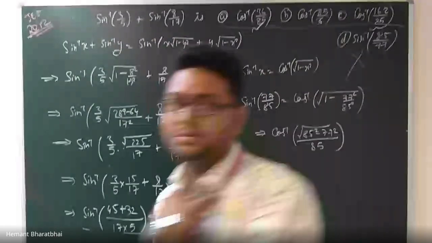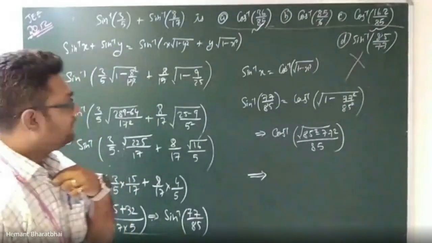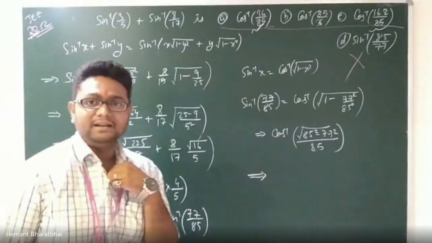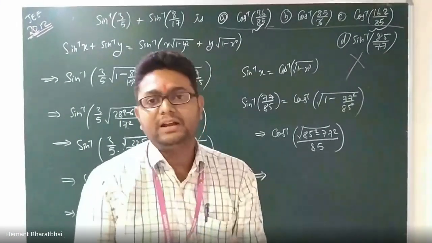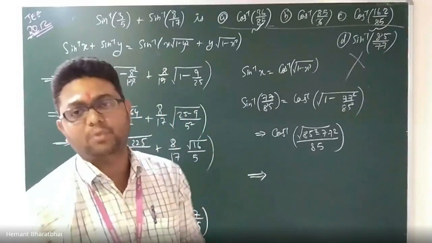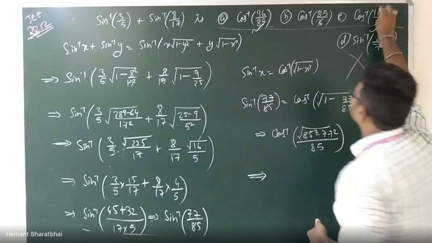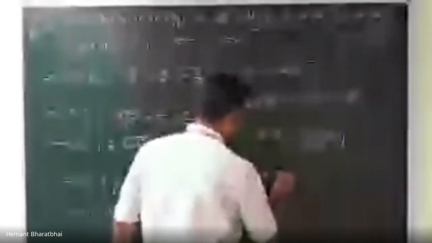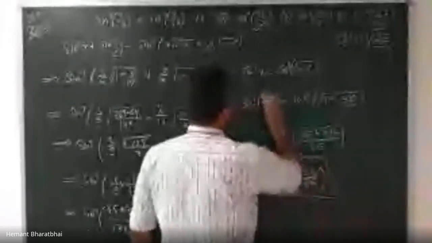It is obvious it is not option C. When you do 85 square minus 77 square, you are subtracting, so the answer is going to be smaller than the addition of the squares of the two. So obviously it cannot be 162. It has to be this only. So the answer is option number A. You'll get cos inverse of 36 by 85.